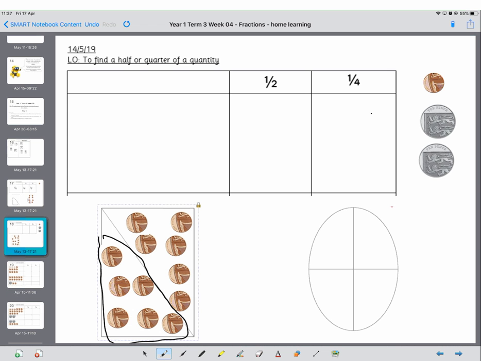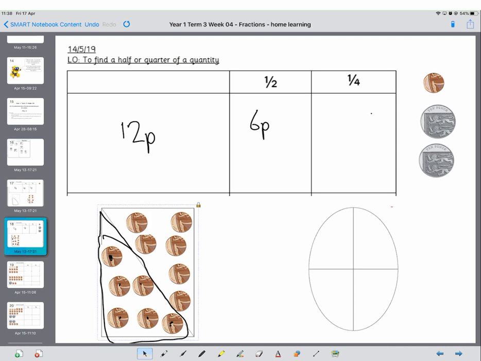How many are in that section? Let's count them. 1, 2, 3, 4, 5, 6. So we know that 12p, which is what we started with, half of 12p is 6p. And now we're going to do the same with the other side.